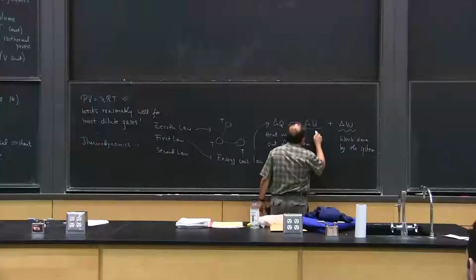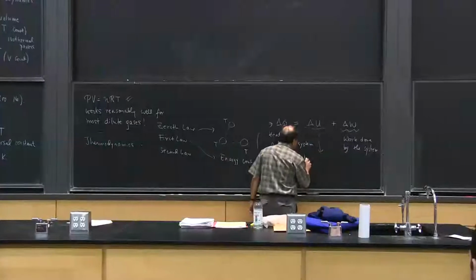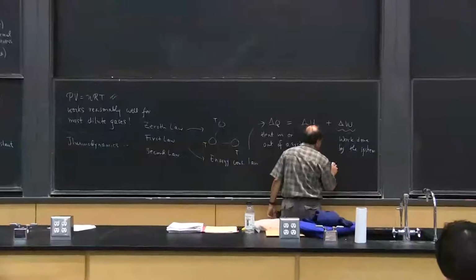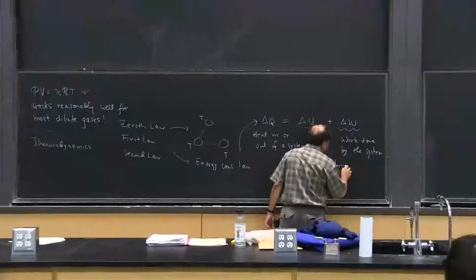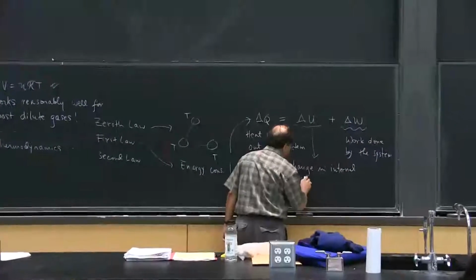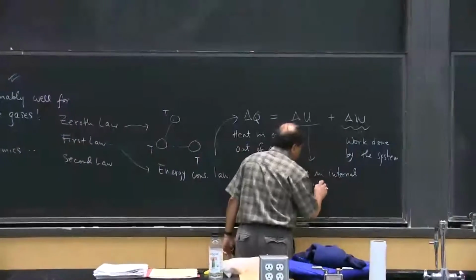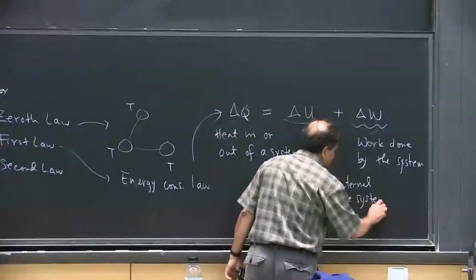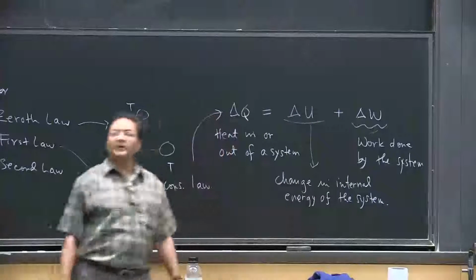Delta U typically is a change in internal energy of the system. So this is a little bit more difficult to calculate.